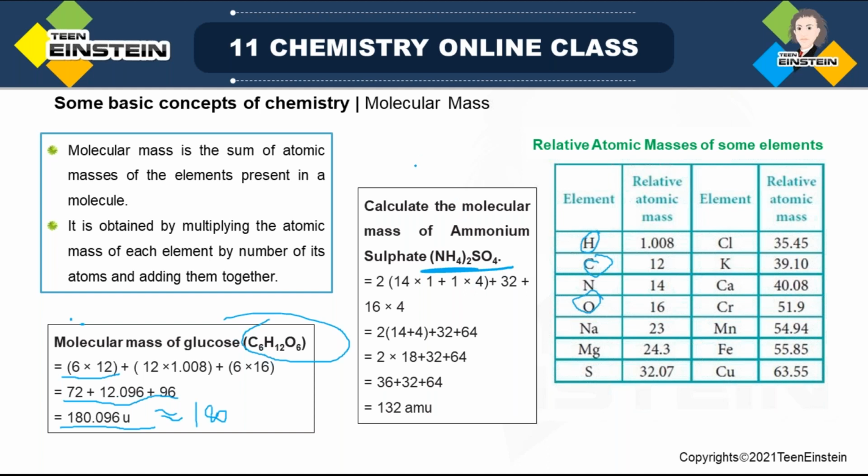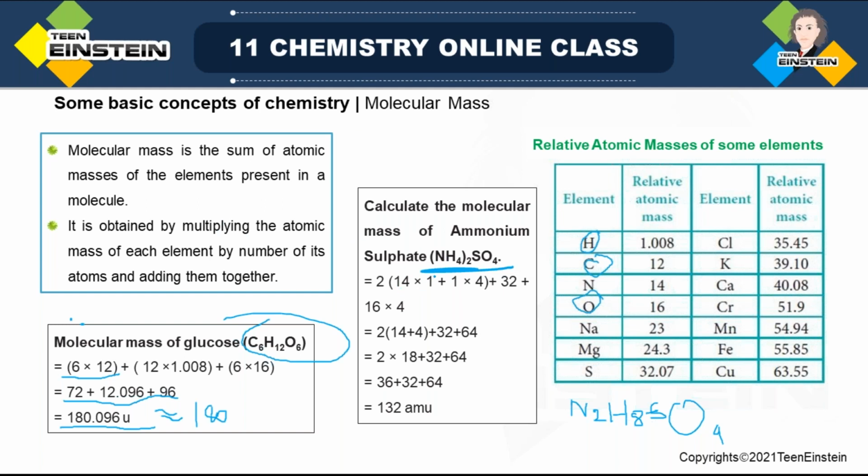You can write it in this way for your convenience: total number of nitrogen is 2, total number of hydrogen is 8, total number of sulfur is only 1, and oxygen 4. You can do it in this way, or directly you can add the masses like this.